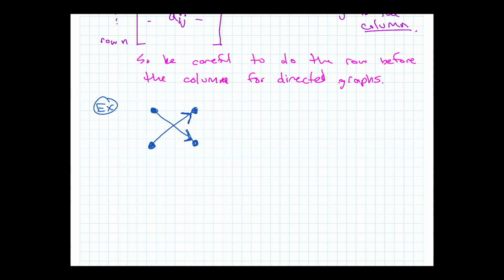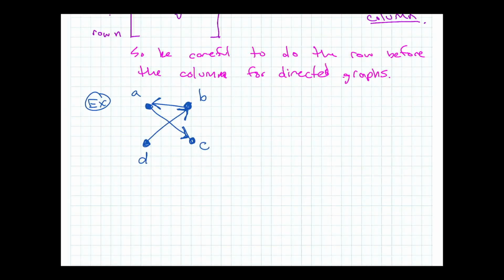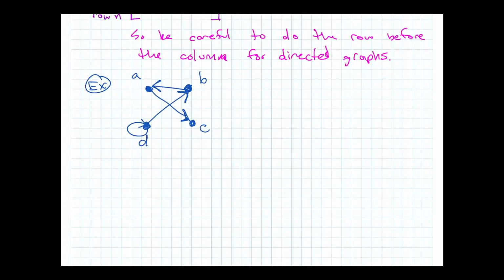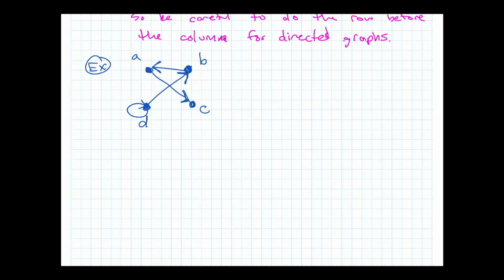Okay, good enough. A, B, C, D. All right, so we want to write the adjacency matrix. Let's put a loop. So let's find the adjacency matrix.